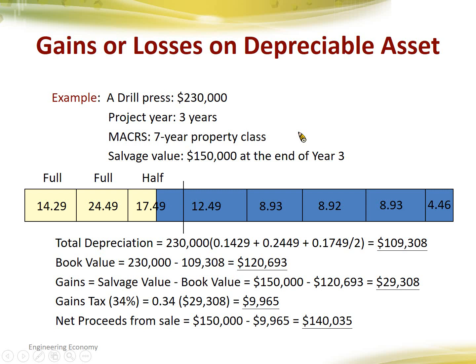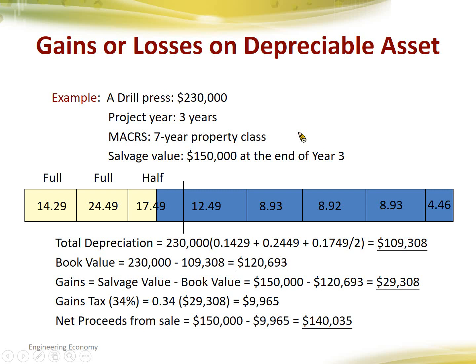In the beginning, it follows the half-year convention too. So if we really follow declining balance, it should be 28.58, but we can only allocate half of it.